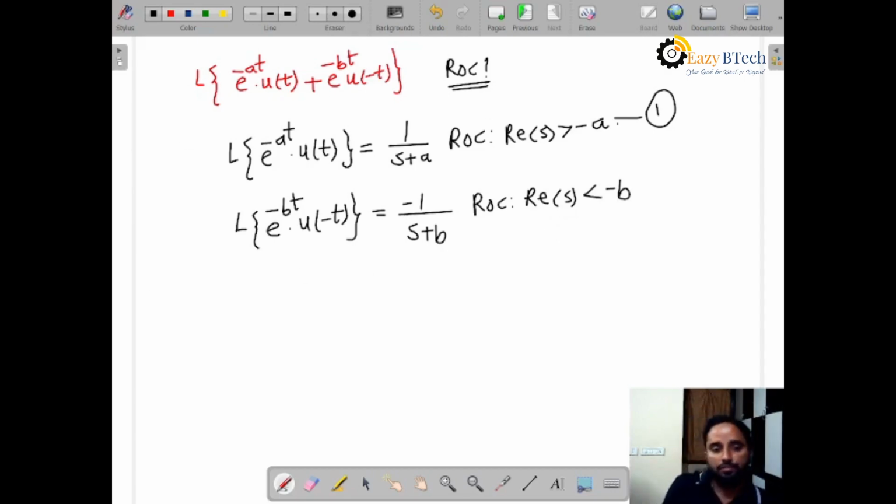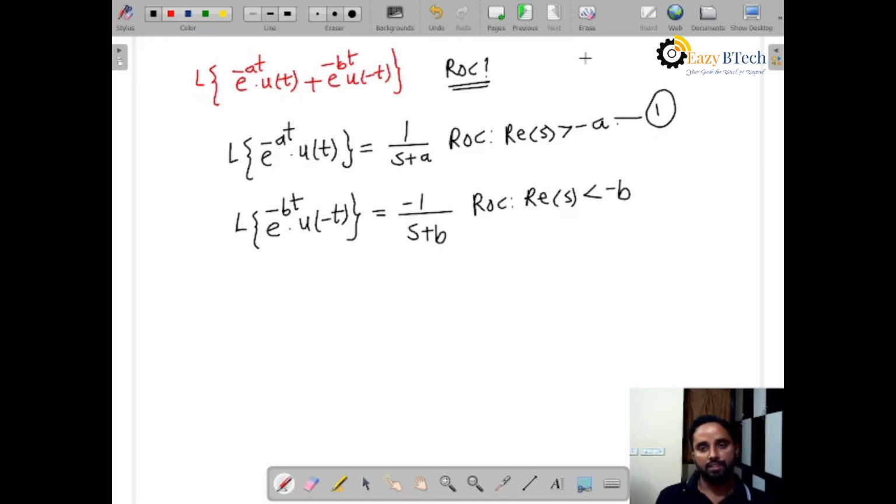So whether the Laplace transform converges depends upon these two ROCs. The first ROC is greater than -a and the second ROC is less than -b. Here a and b are constants, real numbers.